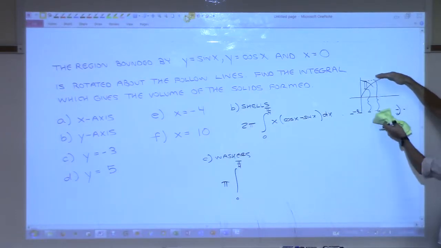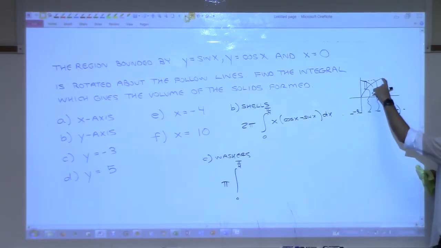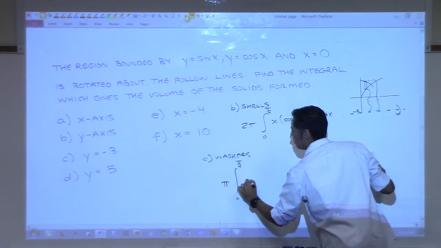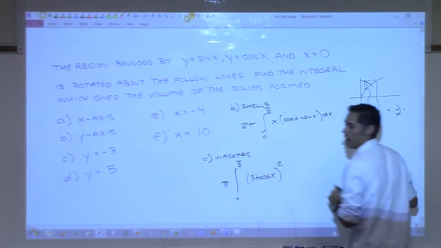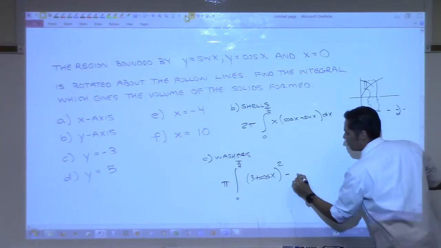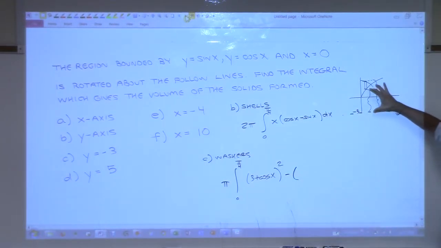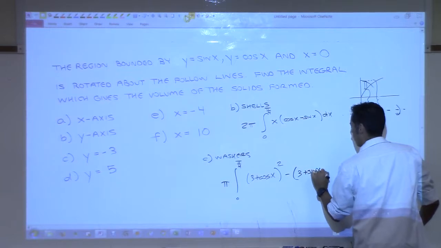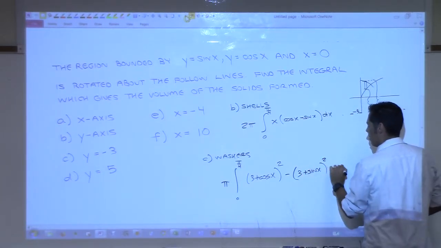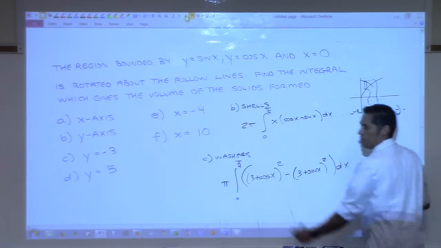So my outer radius is 3 plus cosine x, squared. Then minus my inner radius, which is sine x plus 3. It doesn't matter what order you do those in. Squared dx. There you go.